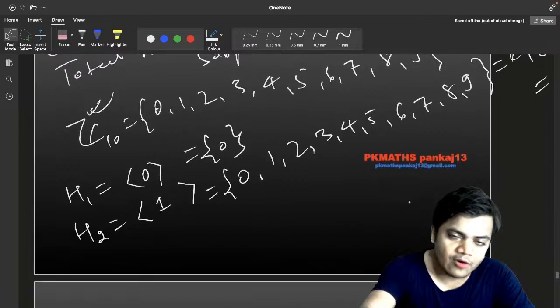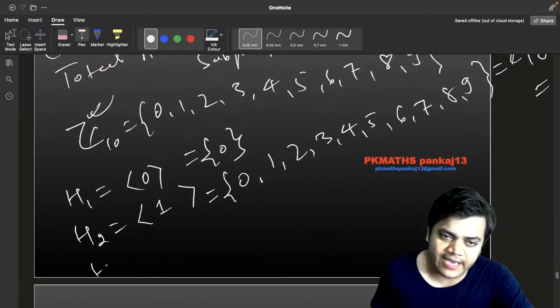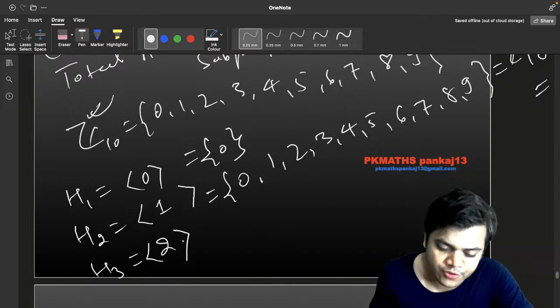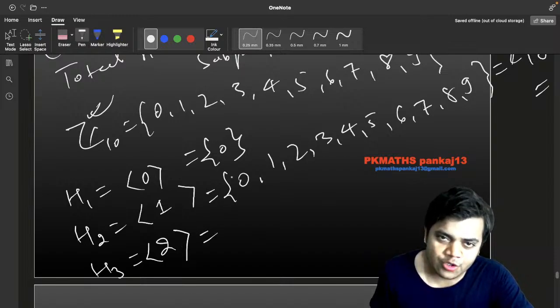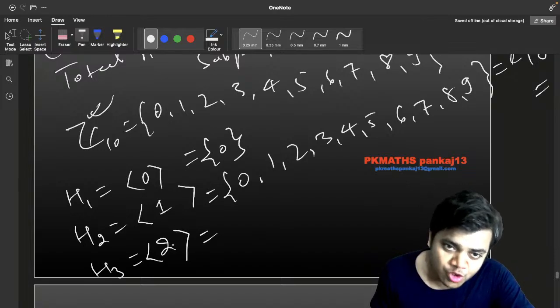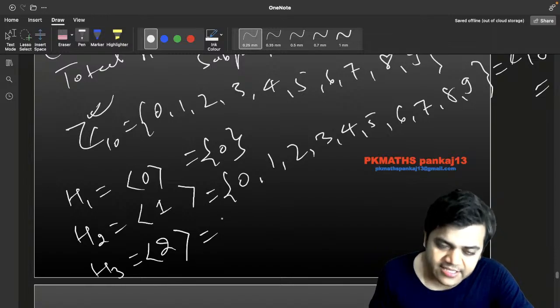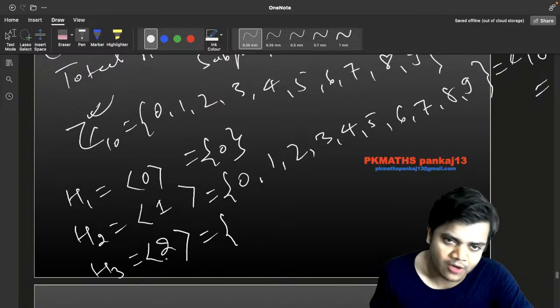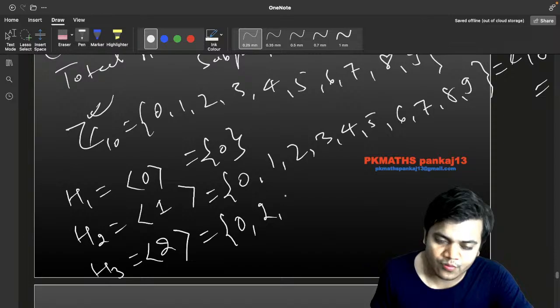Now let's take H3, generated by 2. You write the elements as integral multiples of 2, and it is 0, 2, 4, 6, 8.